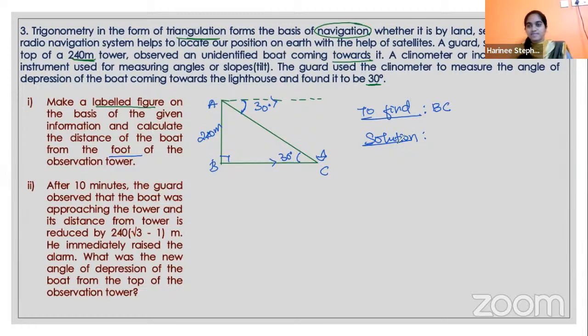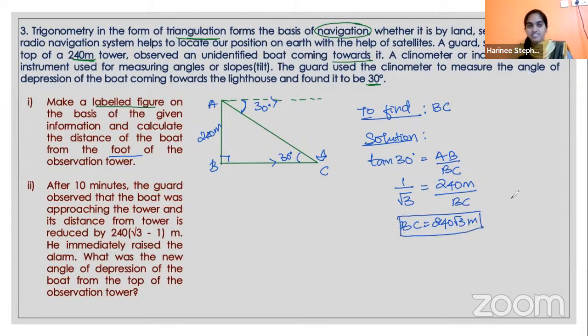Once again, it is tan. Correct. Tan 30° is equal to AB upon BC. So tan 30°, as we all know, is 1 upon √3, equal to 240 meter upon BC. So BC is equal to 240 √3 meter. If there is no value of √3 given, just keep it as such.